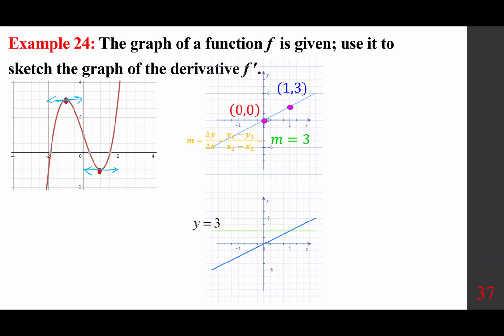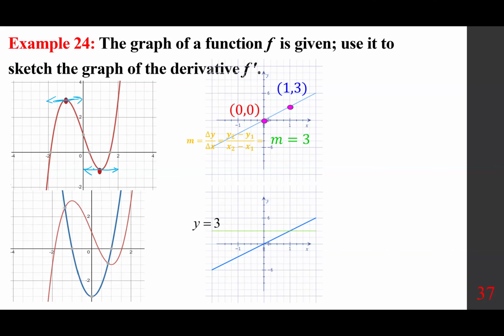That means on the x-axis. So this one corresponds to this point. This one corresponds to this point.